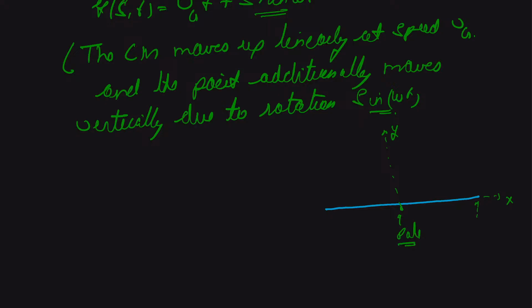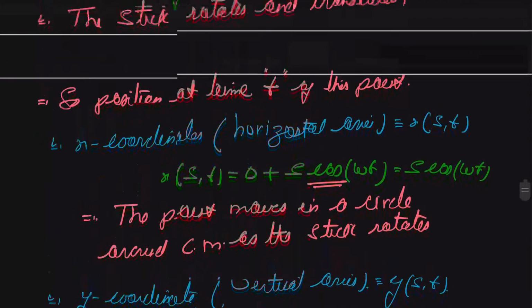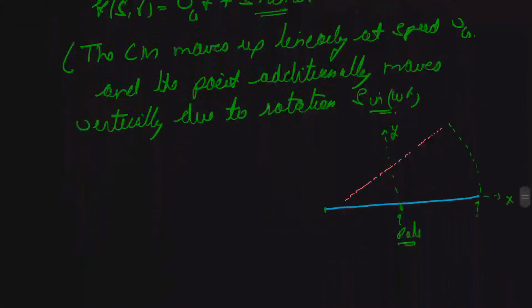So which basically means that it will try to rotate somewhere like this, and this extreme end should not touch this pole. And so we can presume that at any time t the stick position is something like this. And so based on this we have two types of coordinates of this point S. So we have taken the point S anywhere on this stick.